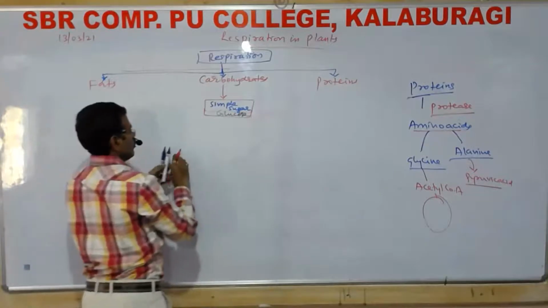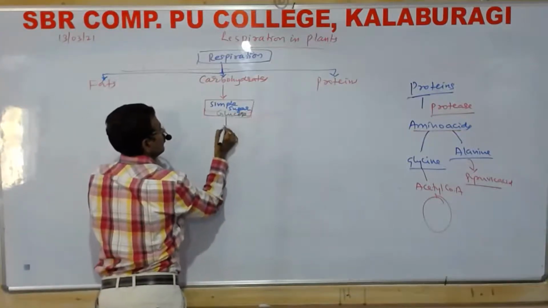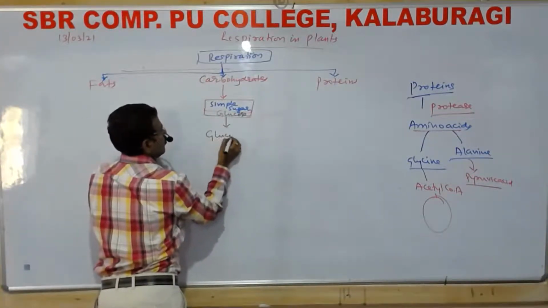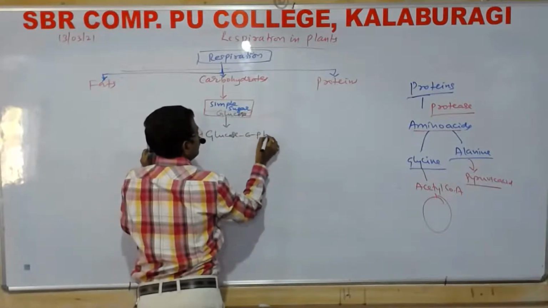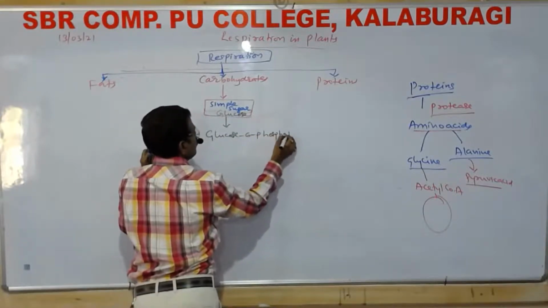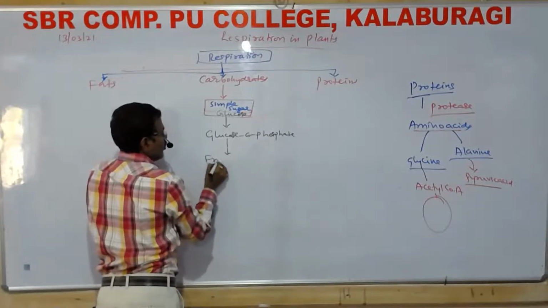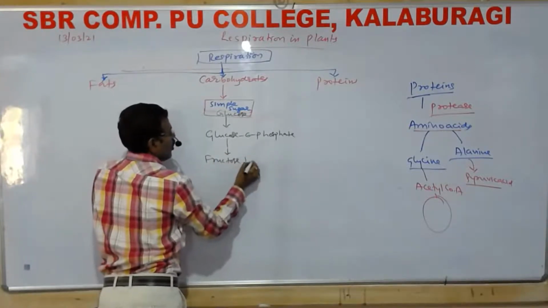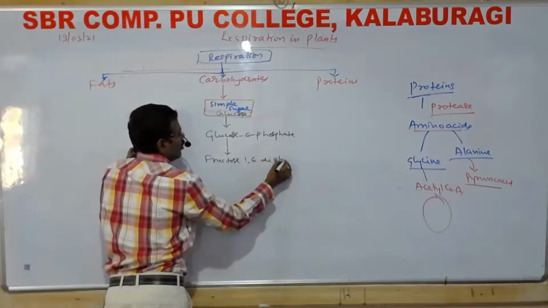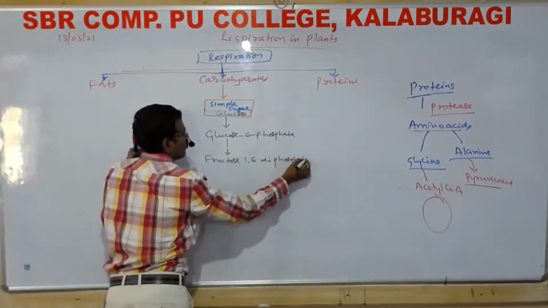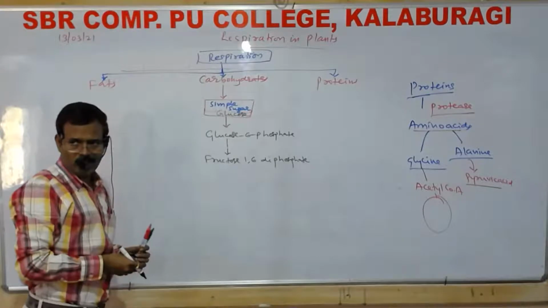This glucose is converted into glucose 6-phosphate. Glucose 6-phosphate to what will we get? Fructose 1,6-diphosphate. Complete glycolysis I am not writing, as per NCERT.